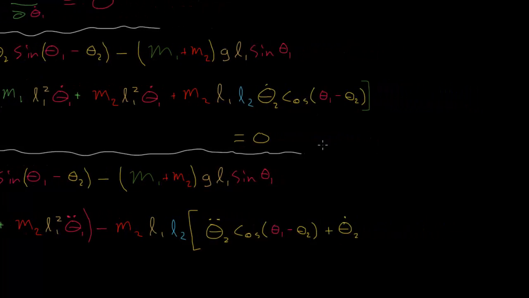All right, and what's the derivative of this? Well, the derivative of cosine is negative sine. So you can say negative sine of theta 1 minus theta 2. Right, and this is a negative sign, times the derivative of what's inside here. So the derivative of this is theta 1 dot minus theta 2 dot.